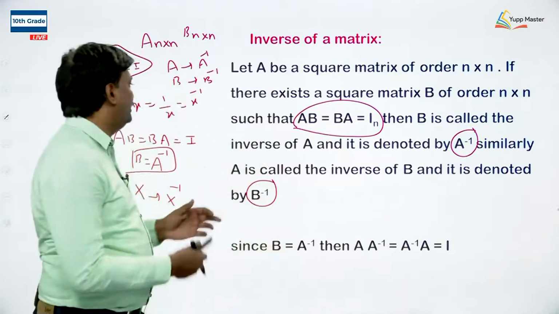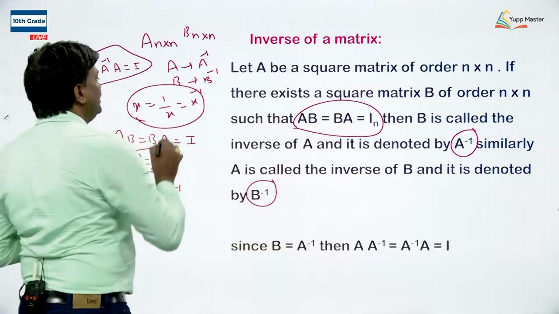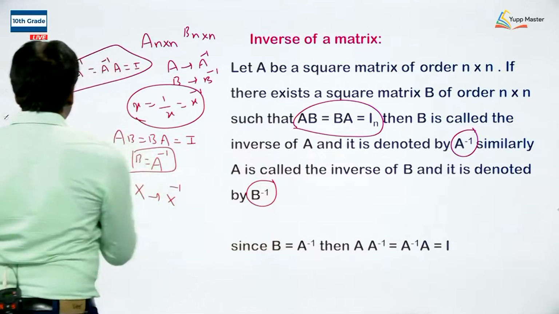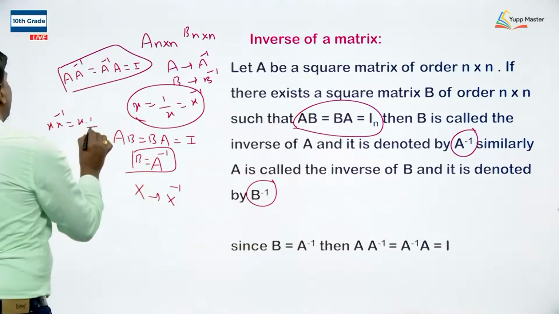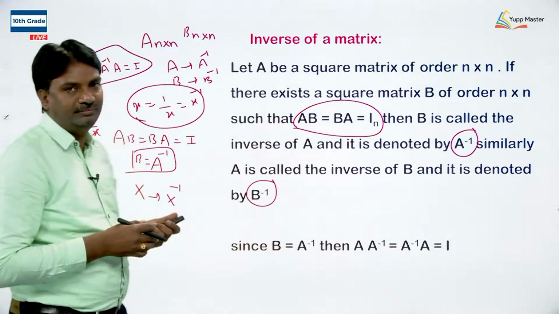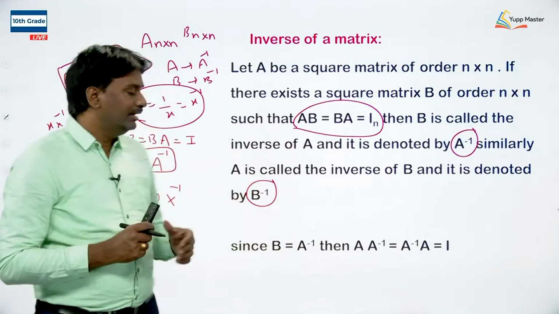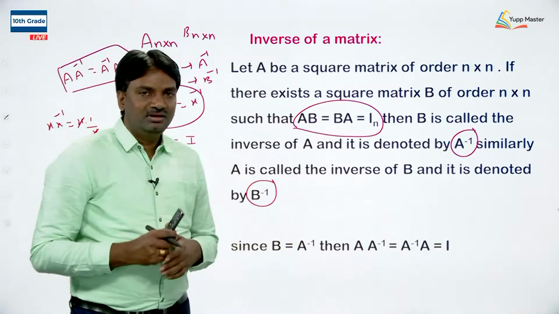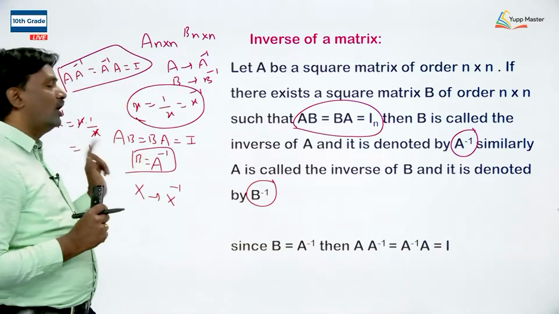Generally, as I already told you, 1 by x is nothing but x inverse. If you multiply x by its inverse, x into x inverse, the x cancels and you get 1 in general. But since these are matrices A and B, if you multiply matrix A by its inverse, you will get the identity matrix, not 1.